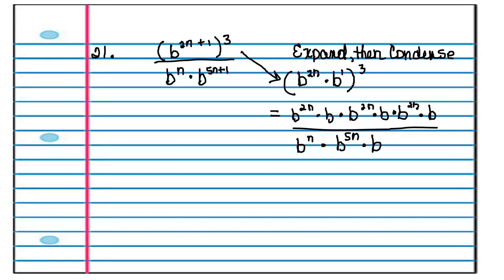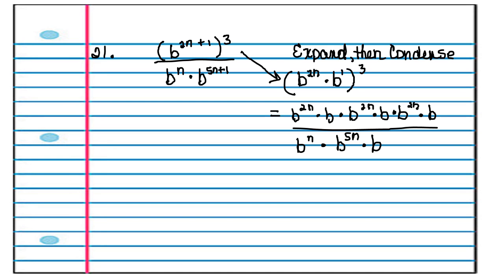All right, let's take a look at number 21. This is a classic expand then condense, but you got to remember that when you got the variable in there that you can actually split these little guys up. So I've taken the numerator, the top here, and taken the 2n plus 1 and split it up, power of 3, and then expanded it out just so it's a little bit easier to see.